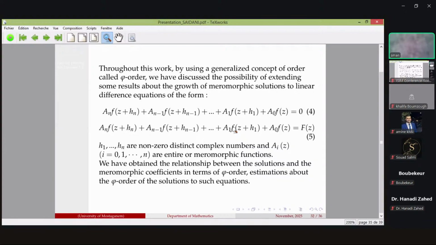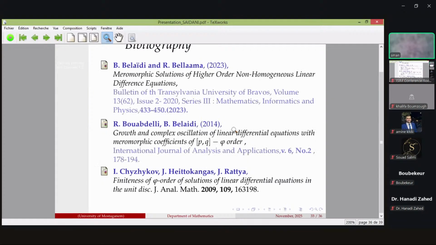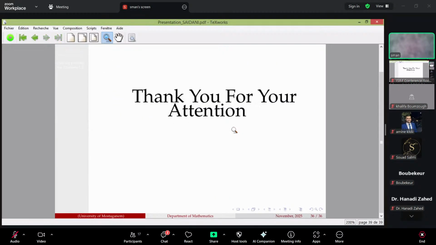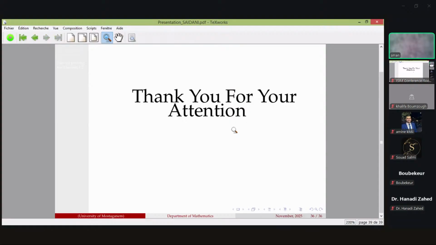We have obtained the relationship between the solutions and the meromorphic coefficients in terms of phi order and phi lower order. I will conclude this talk with a list of some references used in this work. Thank you for your attention.